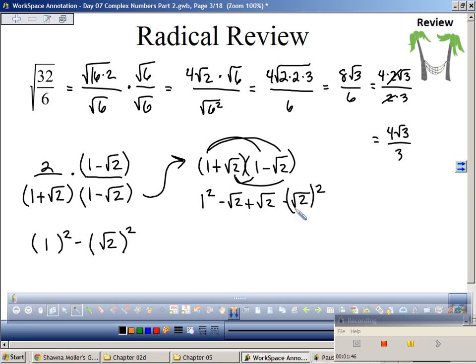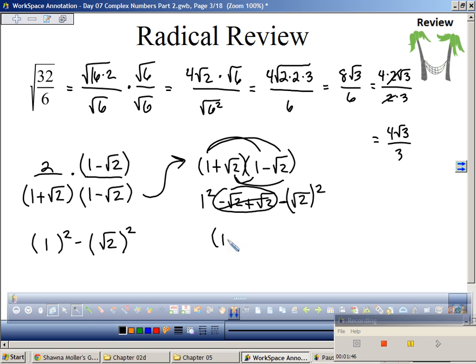Root 2 times root 2? Everybody follow me? I'm doing it for a reason. Right? It's root 2 times root 2. There's a negative there, right? Root 2 times root 2 is root 2 squared, correct? These cancel out.